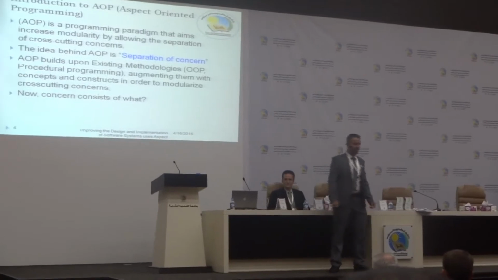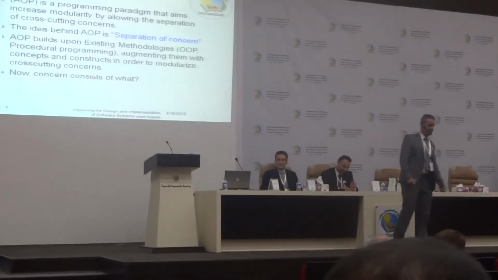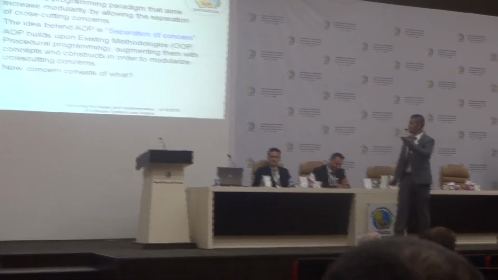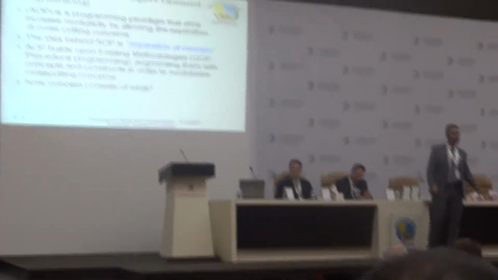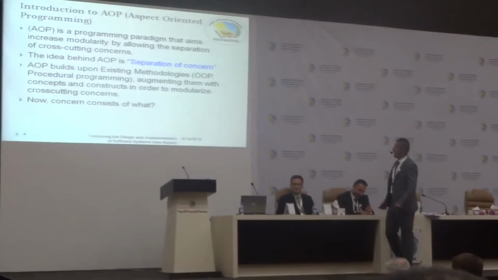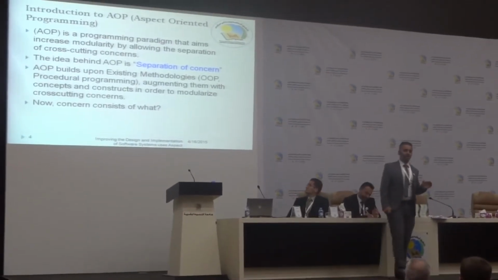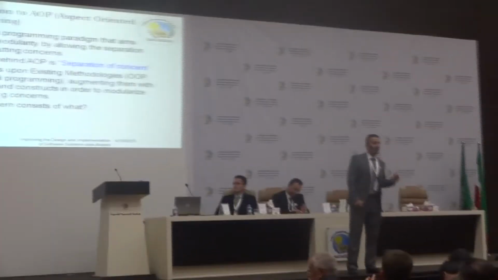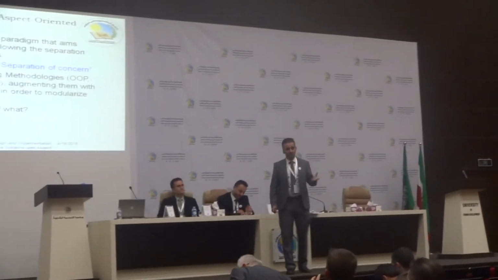Actually, I need to give some introduction to aspect-oriented programming. This, as you know, is built on object-oriented programming and procedural programming, but the main idea of aspect-oriented programming is dealing with cross-cutting concerns. What's a cross-cutting concern? If you have software, you have a lot of development methods, a requirement, and a life cycle of development.